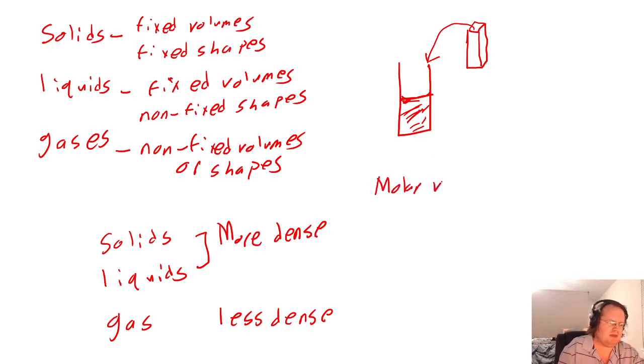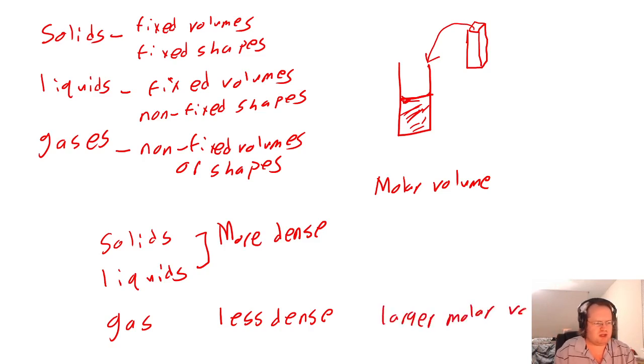So, on top of that, we sometimes use a term called molar volume. What molar volume means is how much volume you need to have 1 mole of your material. So your gas is going to take a lot more volume because there are fewer molecules until you get up to a mole. So these gases are going to have larger molar volumes.